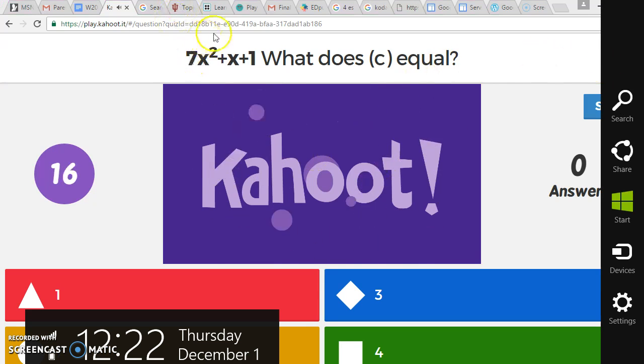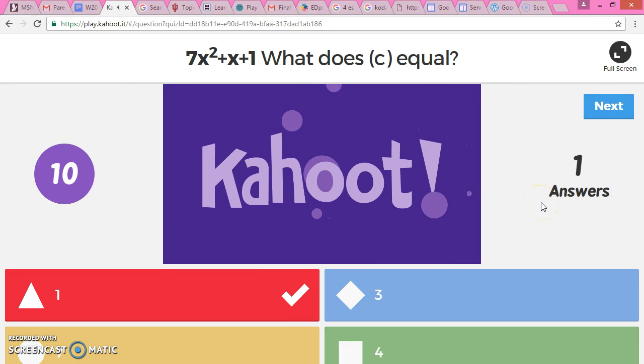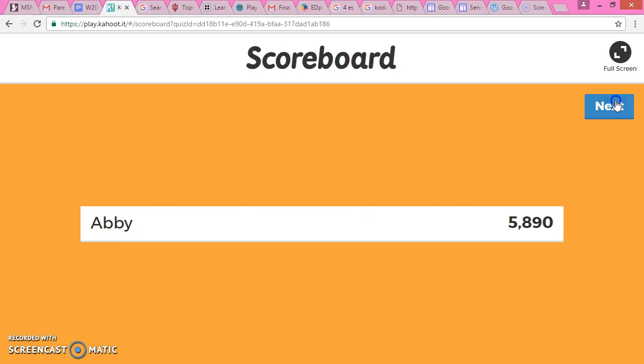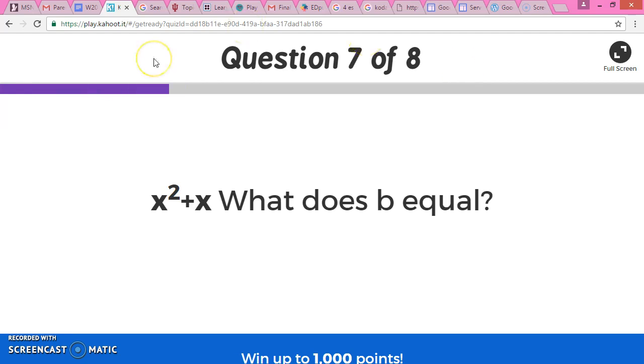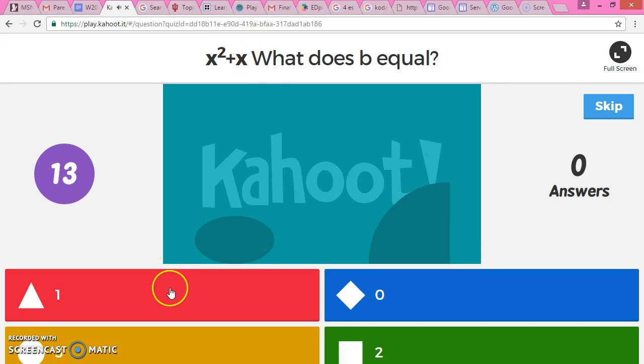We've got A, B, and C, so it would be 1, which is triangle. And then you have a binomial with only 2 terms. What would B equal? Well, this still has an x, so it would equal 1, which is triangle.